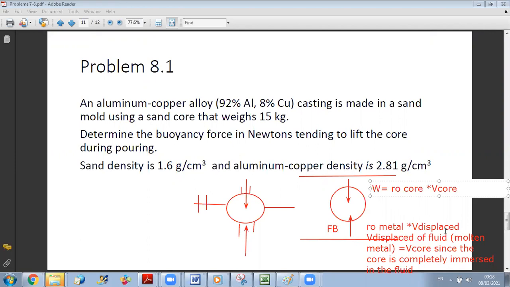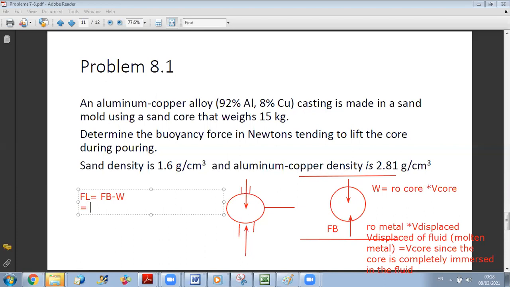Okay. So now, in total, we will have a total lift force equal to the difference. F lift, the lifting force, will be equal to the buoyancy force minus the weight.